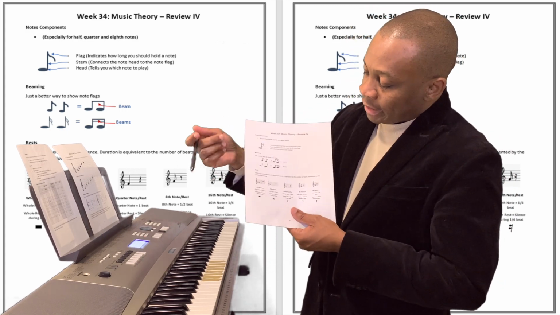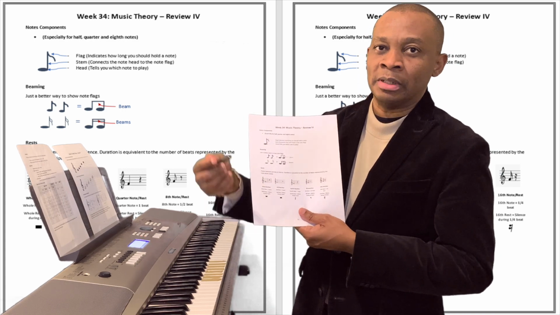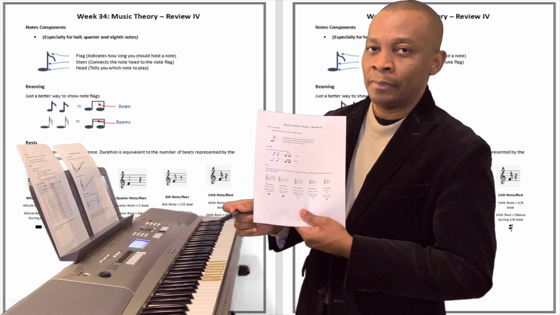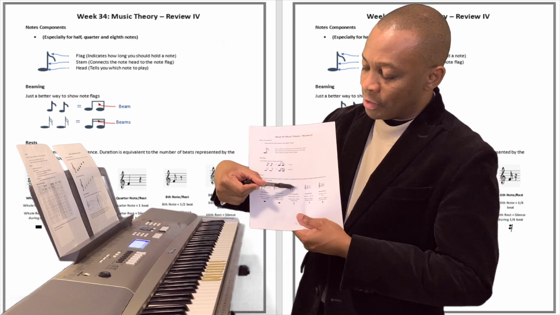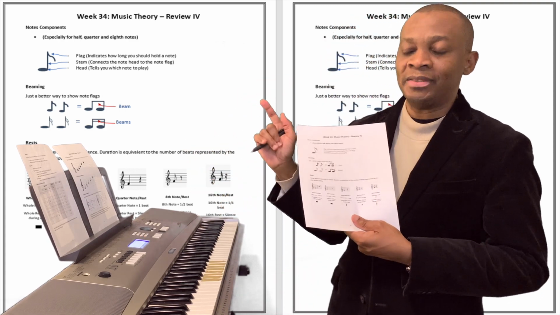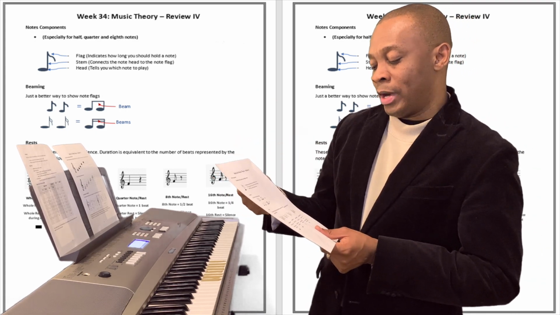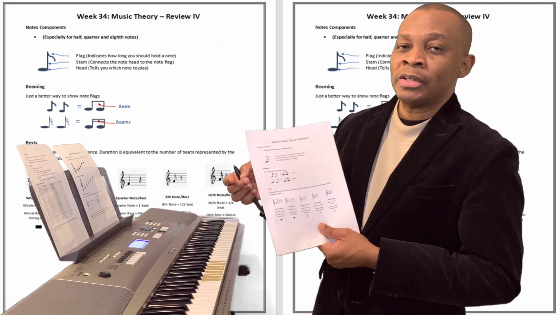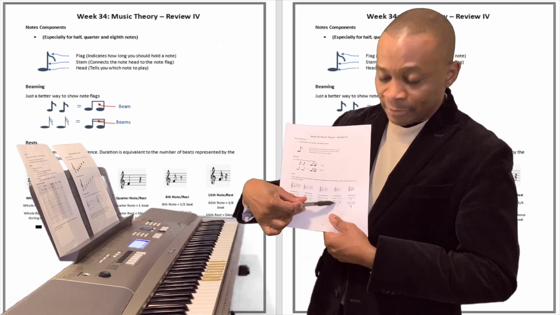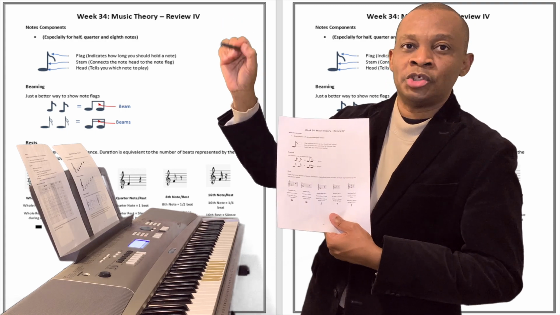Then there is a quarter rest, which looks like a funny zigzag symbol. When you place it like that, it means you rest for 1 beat. Then there is an eighth rest, which means you rest for half a beat, and it looks like a little 7 with a shaded head.